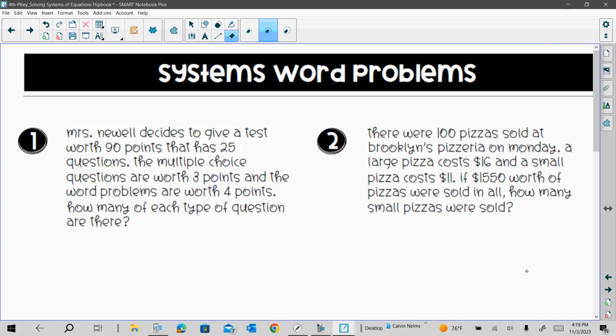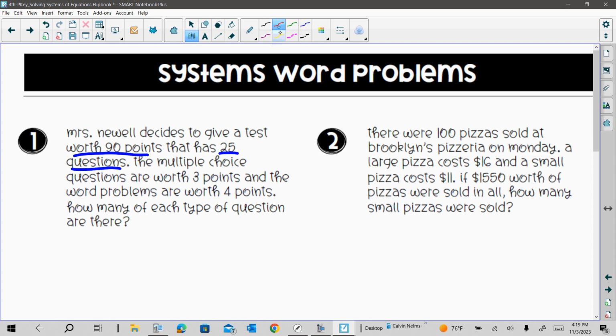And the key to this is read the word problem, break it down by sentence and pull out the key information. On this first one, I'll give you some time to read it. Let me get some color code here. The first problem is talking about a test that's worth 90 points. So that's key information that has 25 questions.